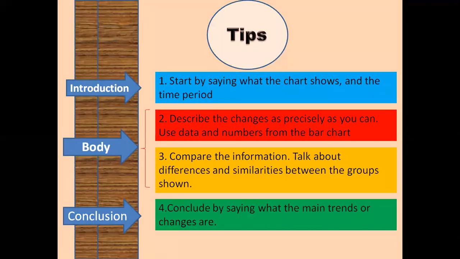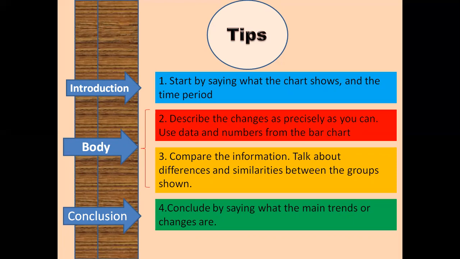So what are the tips to write such kind of detail? The first one is start by saying what the chart shows and the time period. It means when you have to give the introduction, you will have to describe what information is provided and connect it with the time period given in the graph. Then comes the body part. There are 2 elements in it.